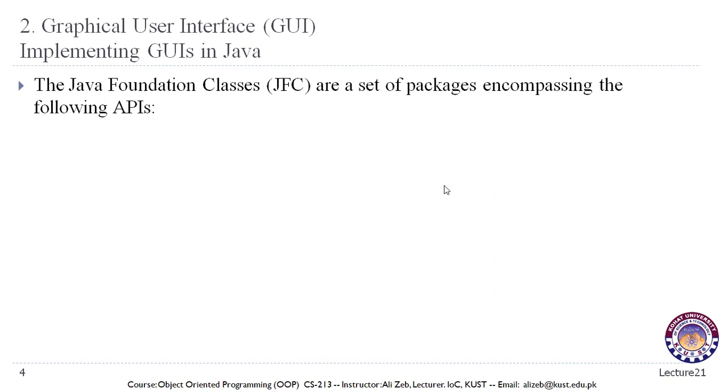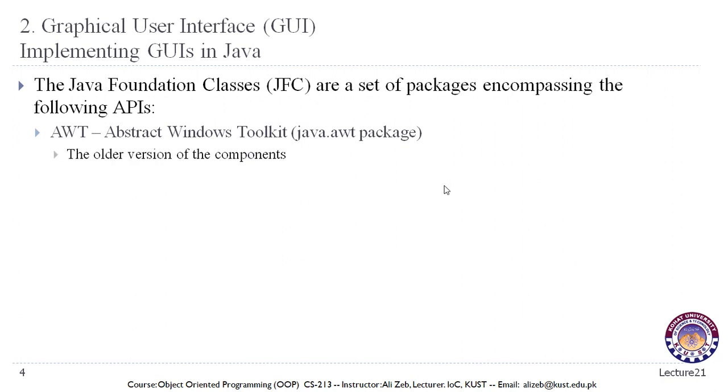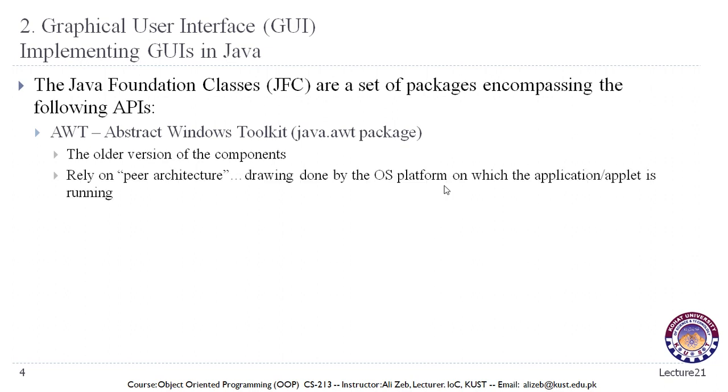Implementing GUIs in Java, the Java Foundation Classes, let's say JFC, are a set of packages encompassing the following APIs. For example, we have the AWT, the Abstract Windows Toolkit API, that contains packages related to graphical user interface programming.